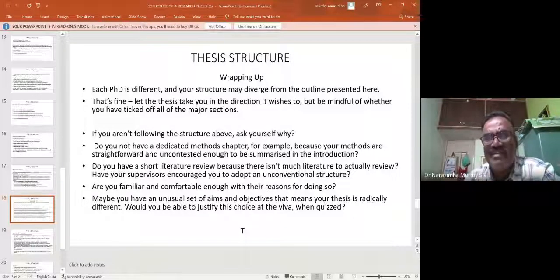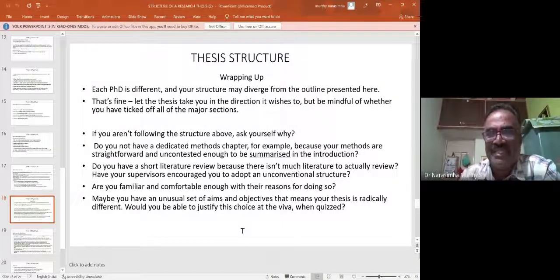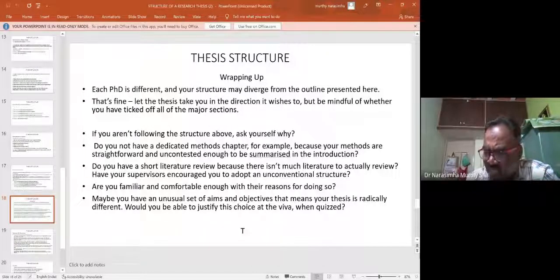No, it's okay. Every thesis will take its own direction, and it will make you mark off all the major sections properly. If the structure is not proper, ask yourself why.